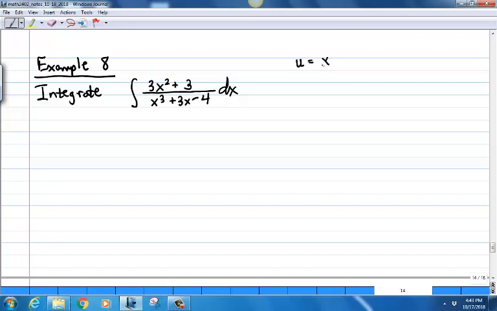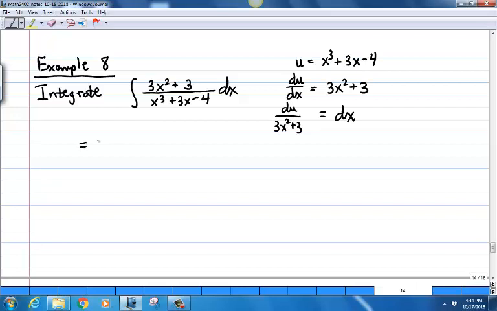So I'm going to let u be x cubed plus 3x minus 4, right? And so, as usual, when we're doing substitution, du dx we'll compute, and that's 3x squared plus 3, which we had already observed a moment ago. And now when we solve for dx, that's easy enough to do. We're going to get dx is going to be du over 3x squared plus 3.